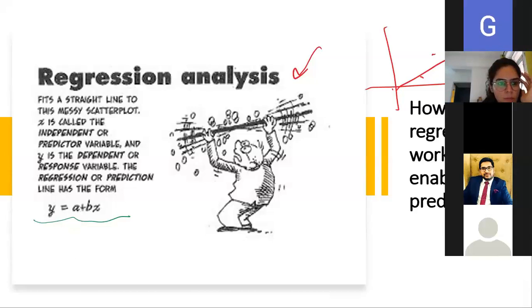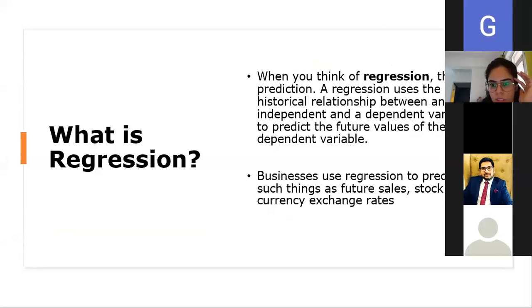For example, let me take it one by one. When you think of regression, think prediction. Regression uses a historical relationship between an independent and a dependent variable to predict the future values of the dependent variable. Let me give you one example here.